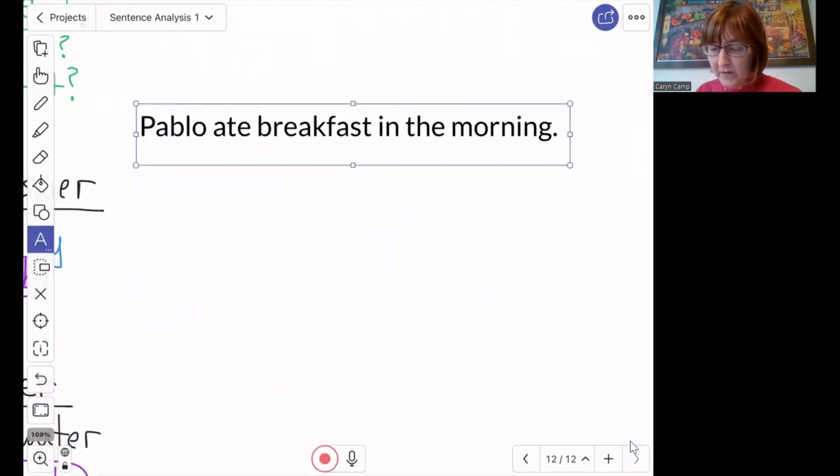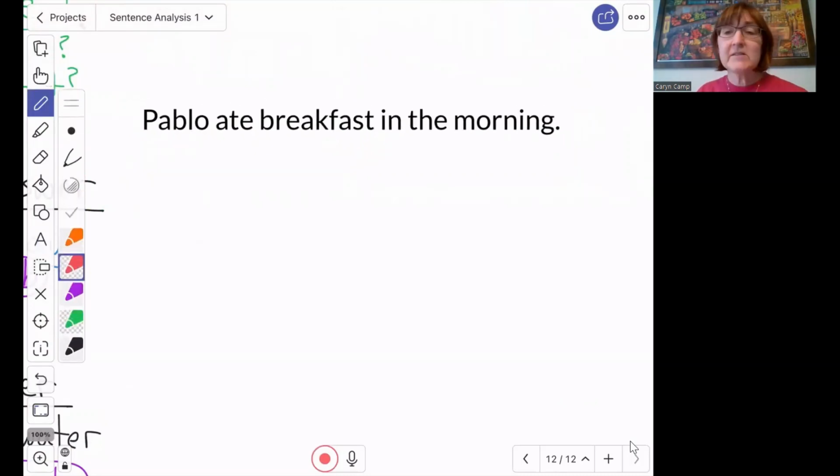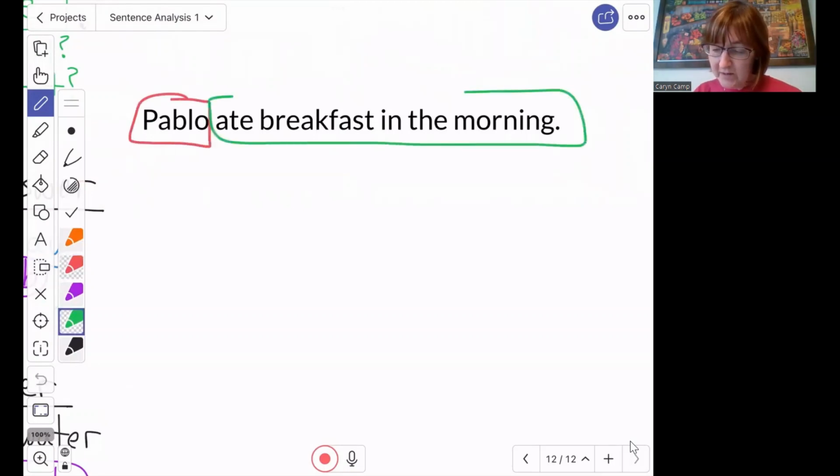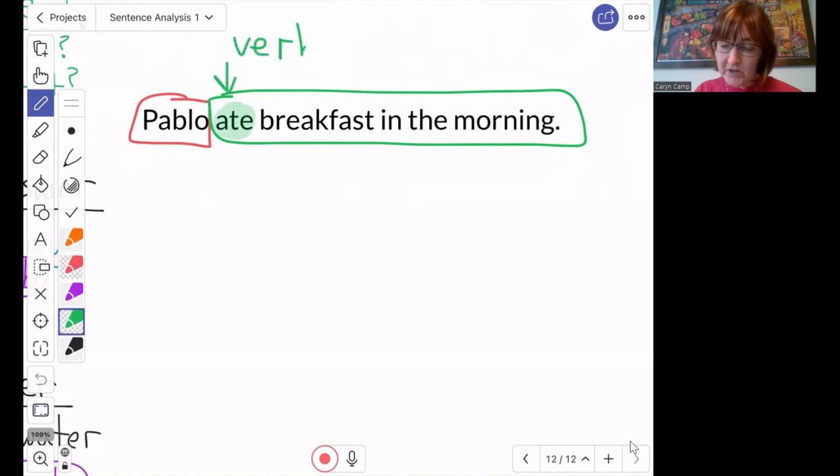Okay. So let's look at this. Let's analyze our sentence. Who is it about? Pablo. The whole rest of the sentence is the predicate. The first word is ate. What do we call ate? That's the verb. And this is an action verb because he's doing something.